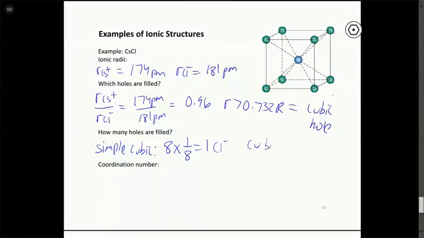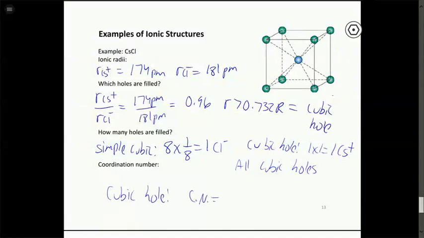And then for the cubic holes, we also have 1 of those. 1 maximum cesium plus, so all cubic holes are filled. And that'll give us 1 cesium to 1 chlorine. And then finally, for the coordination number for a cubic hole, the cubic hole is bounded by all 8 corners, so the coordination number is simply 8.